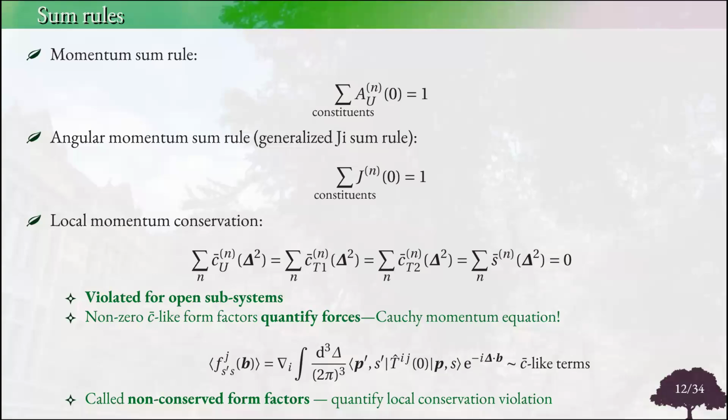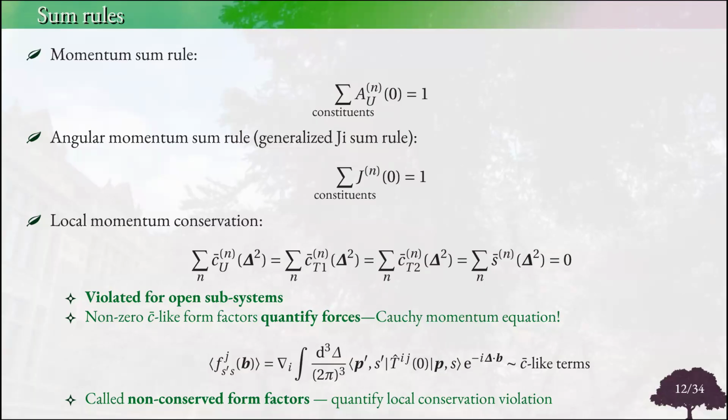And you have four sum rules from local momentum conservation, where instead of evaluating just at zero momentum transfer, you evaluate at any momentum transfer the sum over all constituents of the four C-bar-like form factors, and they should all vanish. For this reason, a lot of people don't really consider the C-bar-like form factors.